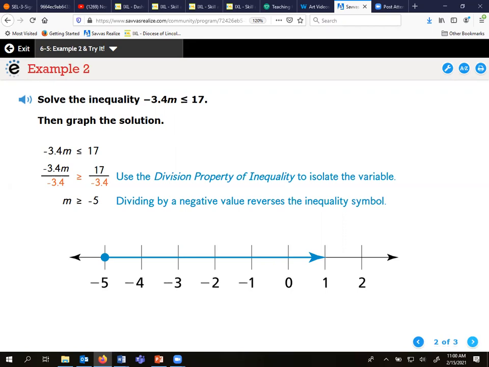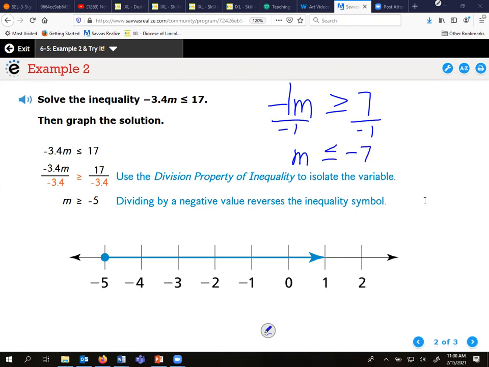Sometimes they'll give you problems like this. I'd rather know what a positive m is, not a negative m. So you've got to think about this like a negative 1, and then you divide by negative 1, or basically you just change the signs of everything.